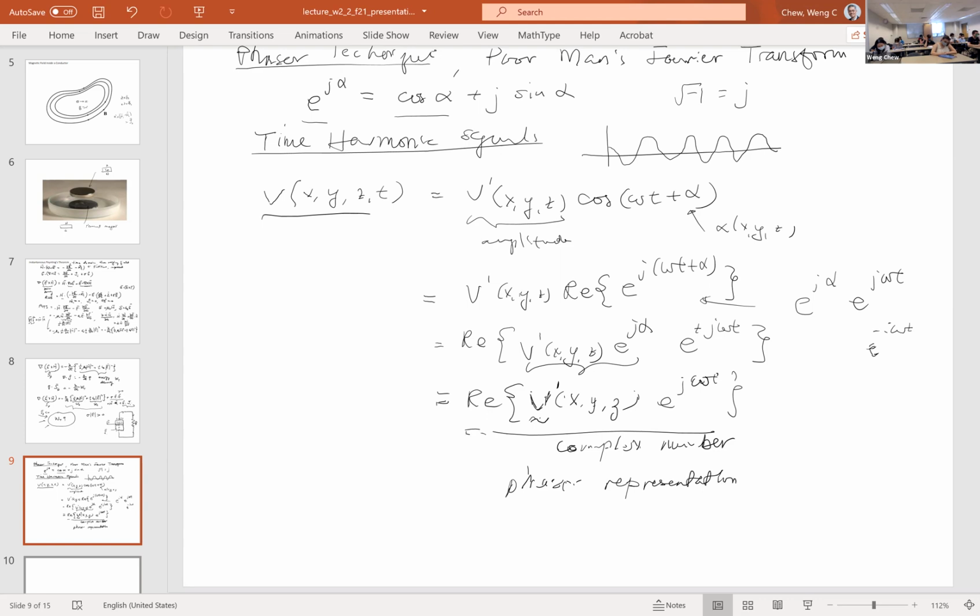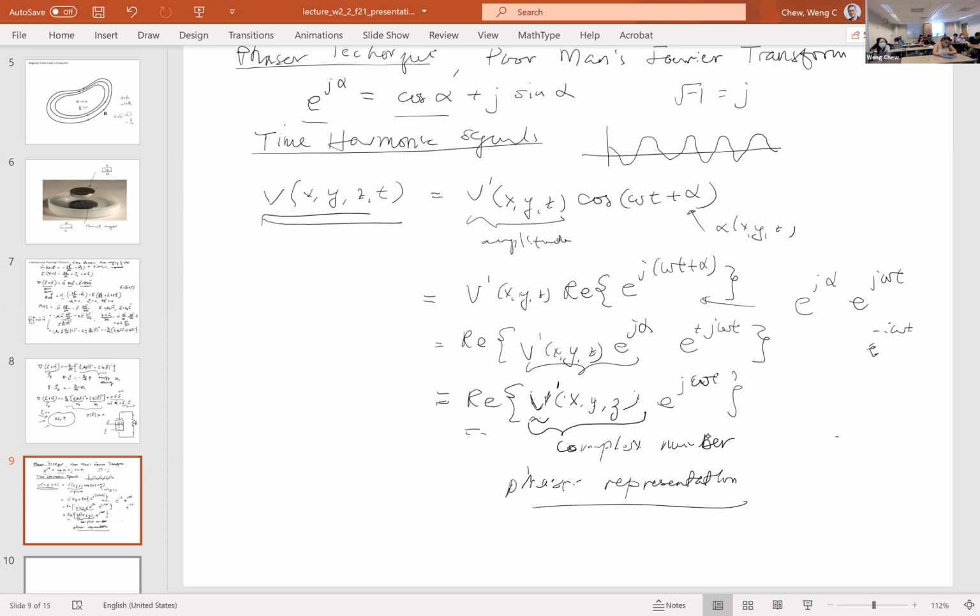This is called the phasor representation of this signal. This complex number, not actually the other part, just the first part, is called the phasor representation of the sinusoidal signal, or the CW signal, or the time harmonic signal.